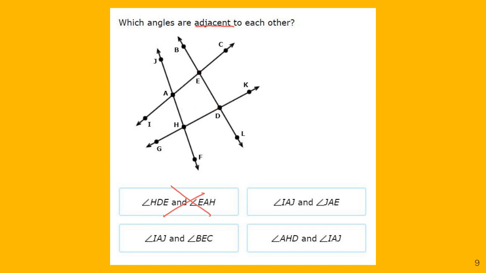Okay, so our next option is IAJ and angle JAE. Do those share a common side? And do those two angles have a common vertex? The answer would be yes. Their common side would be JA. They both have a side JA. And we can see that A is in the middle of both of them, which means that that would be their common vertex. So that would be our correct answer.